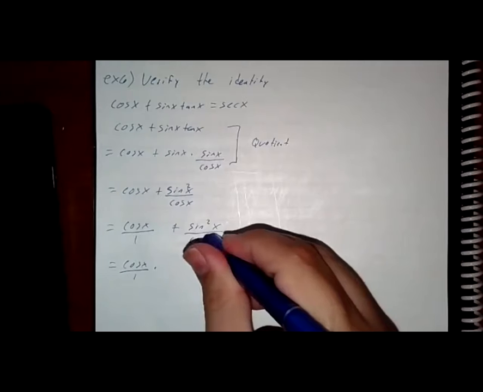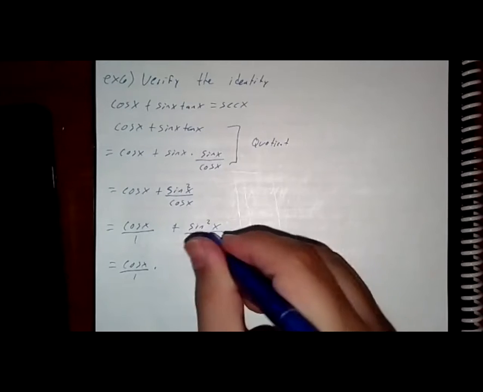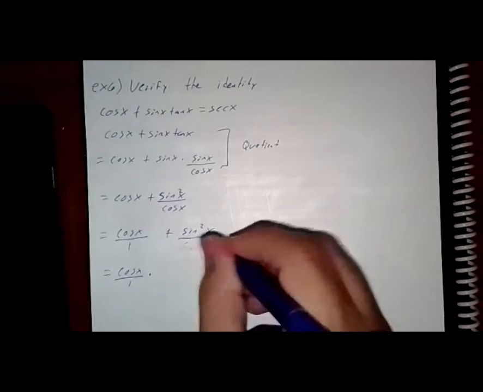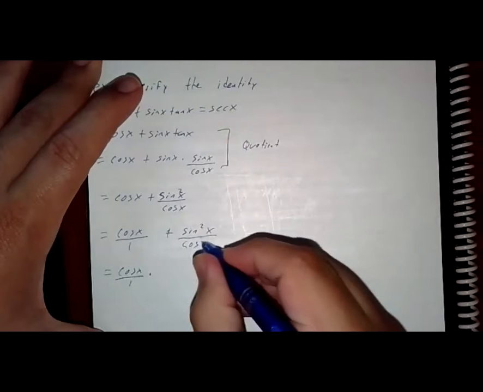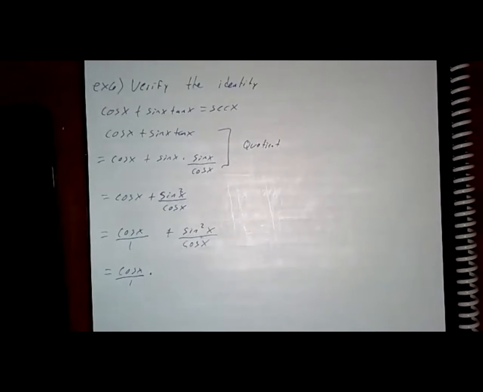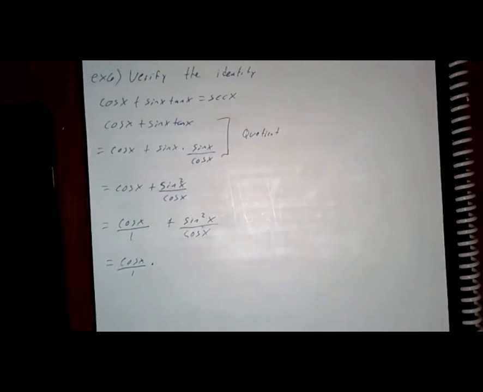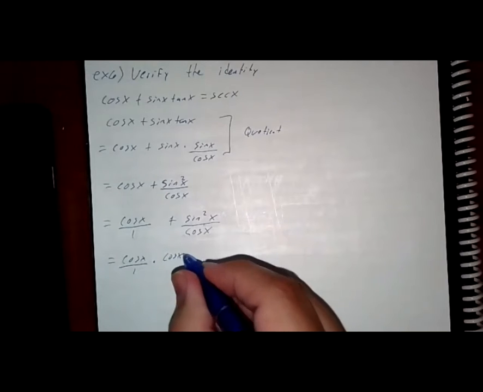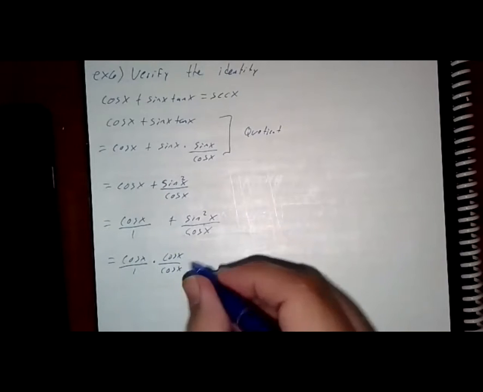So this one doesn't need a cosine on the bottom, and I do not need to change the other one.